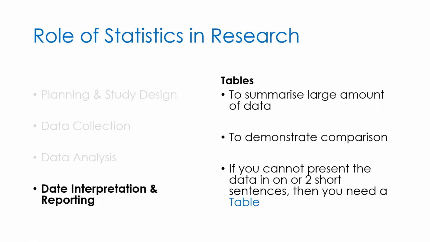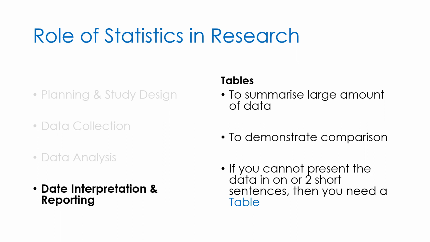For tables, the main thing is that we use them to summarize a large amount of data and also to demonstrate comparison between, for instance, male and female. As a rule of thumb, if you cannot present any data in 1 or 2 short sentences, then you need a table.